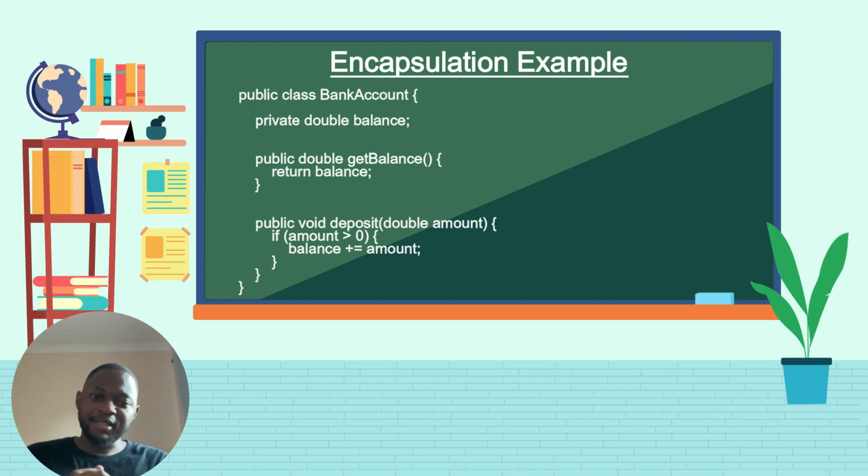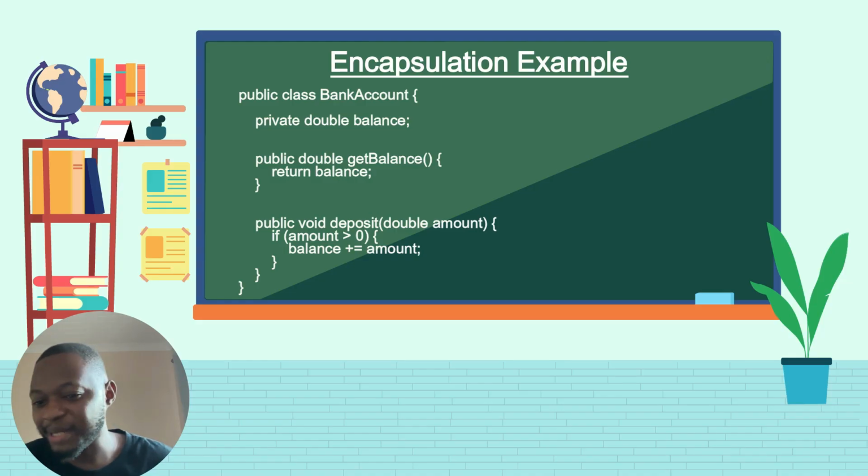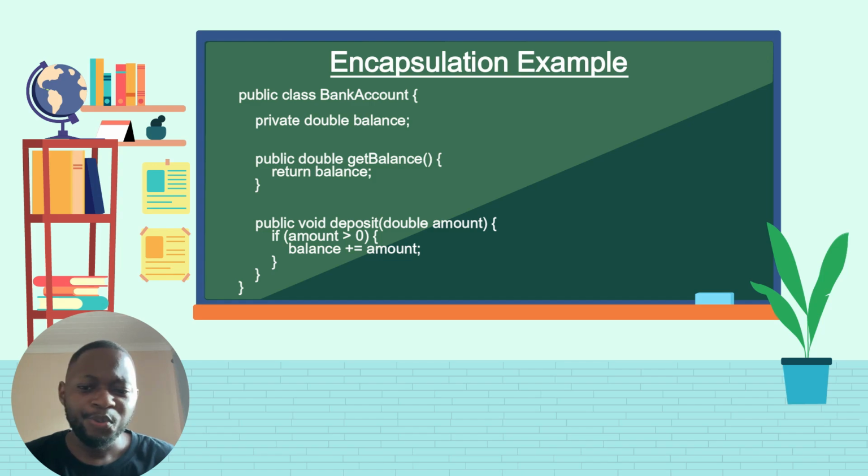The deposit method takes the amount that you've passed in and adds it to the amount that's currently in your bank account. And as you see in the deposit method, there's a check to see if your amount is above zero, because when you're depositing money inside your bank, we wouldn't want any negative value. That doesn't make sense. So we want any value that's above zero, and then we add it to your current balance.